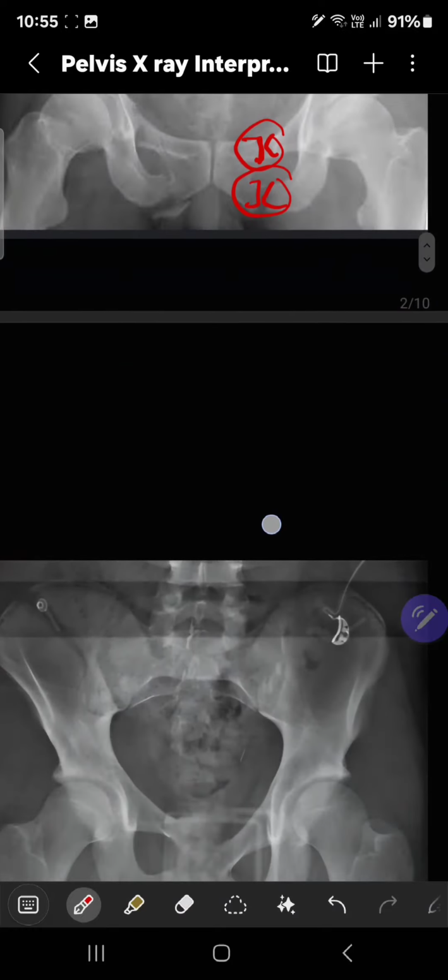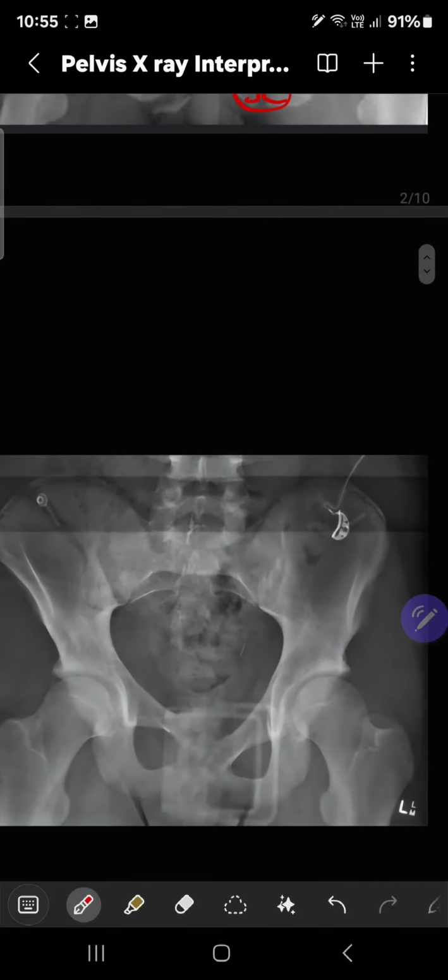The next one is also a stable fracture, where you can see the fracture of the iliac wing. There is a discontinuation of the line here, and this is the fracture line. These are the stable fractures.